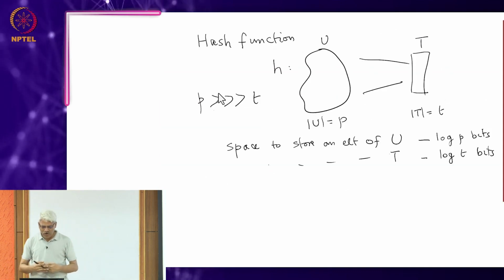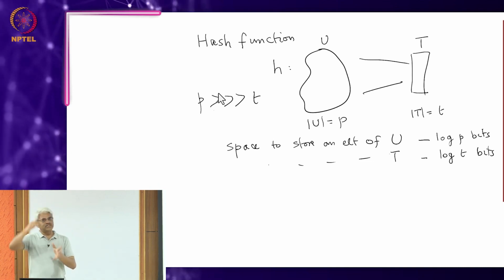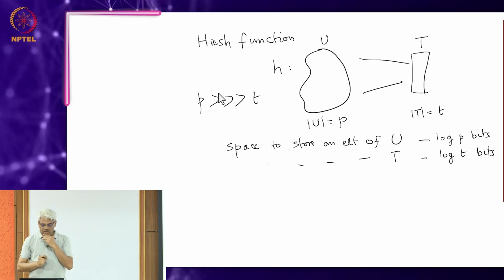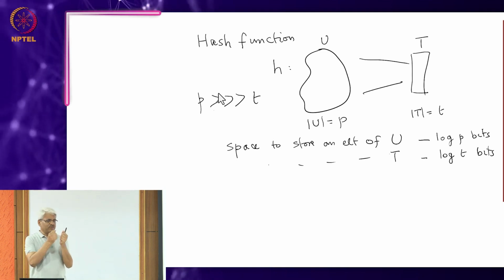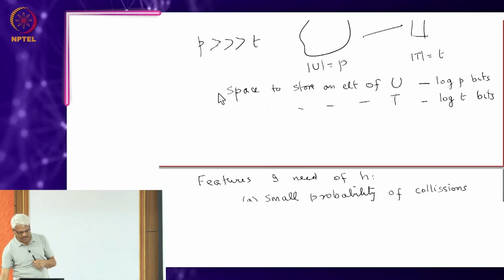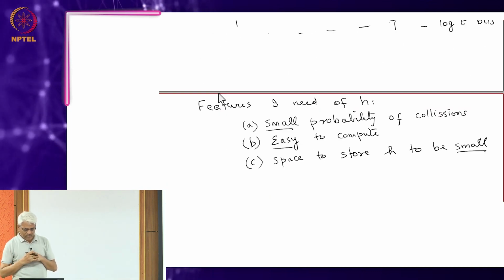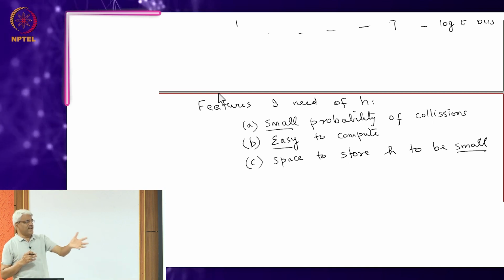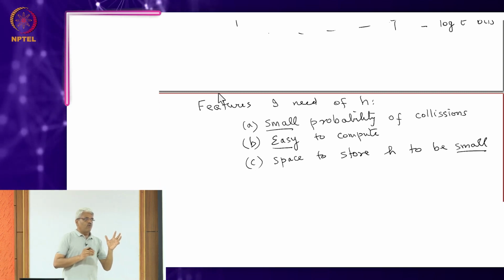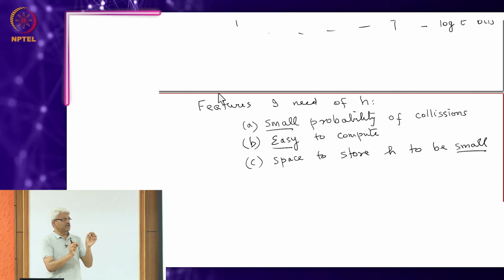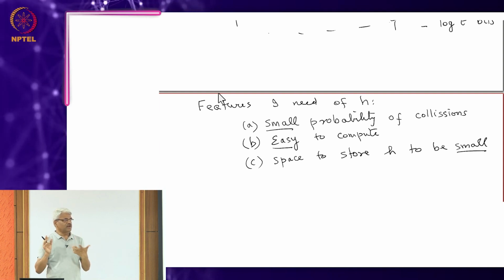Whatever h I can think of will have collisions because h is mapping a large set to a small set, and an adversary can say, you have this beautiful h function with all these nice properties, but look at this set. You choose your h, and I am going to come with a set where all elements are mapped to the same location. If that is my user defined set, I am stuck.